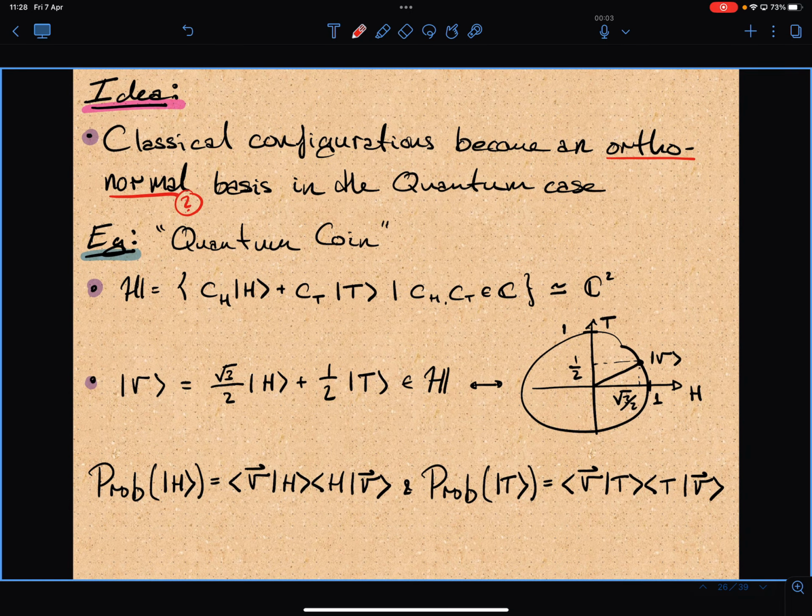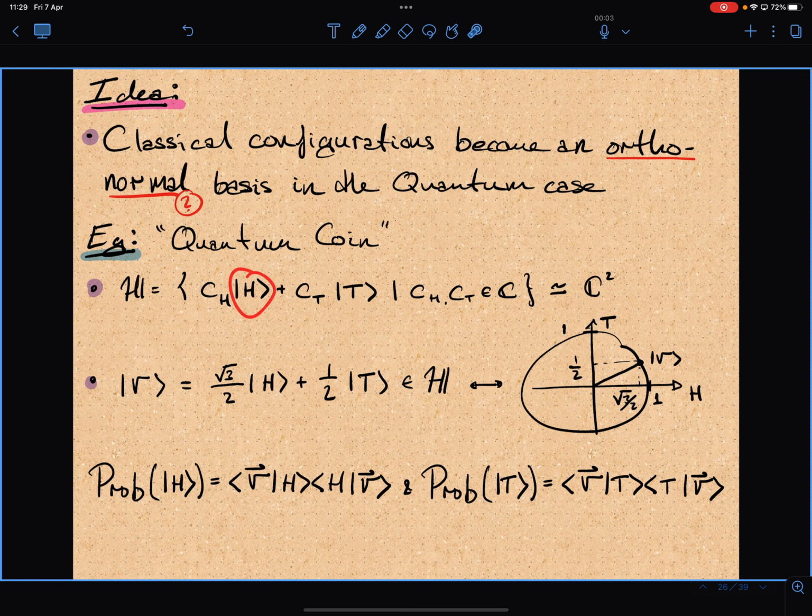All right. So here is the idea. Roughly, which is not always the case, it's not an exact recipe, but the way to think about it is that you can take classical configurations and they are going to become an orthonormal basis in the quantum case. So for the quantum coin, I can take my Hilbert space that has a basis given by heads and tails.